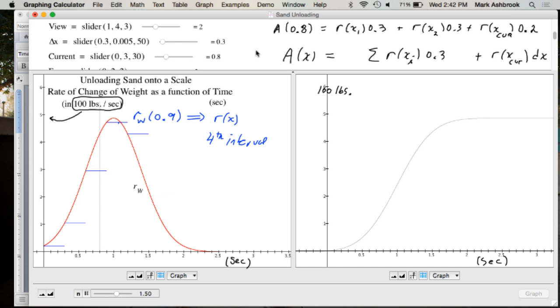So how do our rates compare? Yeah, all of our rates, by using the left endpoints, are lower than the actual rate in every interval. Do you see that? All those blue ones are below until we get to about 1 second. But then we're so far behind that the approximate net accumulation might catch up, but it's going to stay below. So it looks like this.